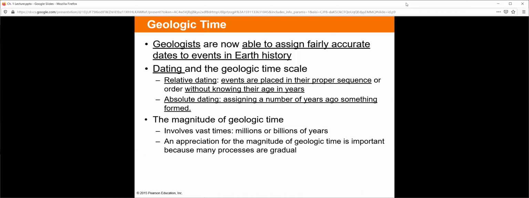For example, the dirt that is lower is older, the dirt that is higher is younger, right? That'd be a relative age. The topsoil in your garden has probably not been there as long as the soil 5 feet down, right? Absolute dating would be an exact date, an exact number of years since something formed. The two processes intermingle and work together quite well. You don't always need one to have the other, but the more information, the better, right?